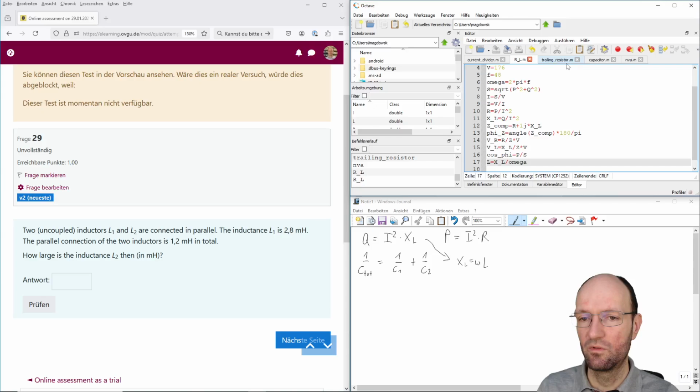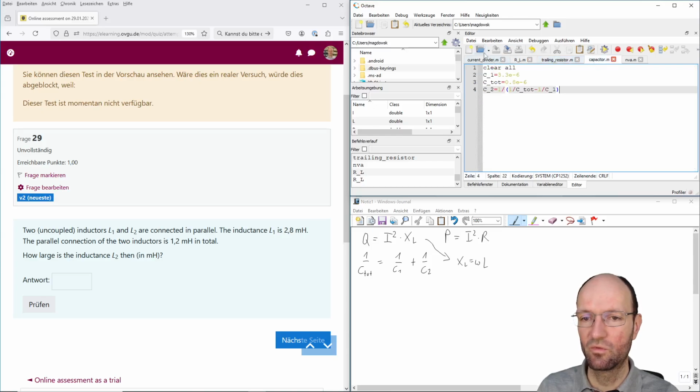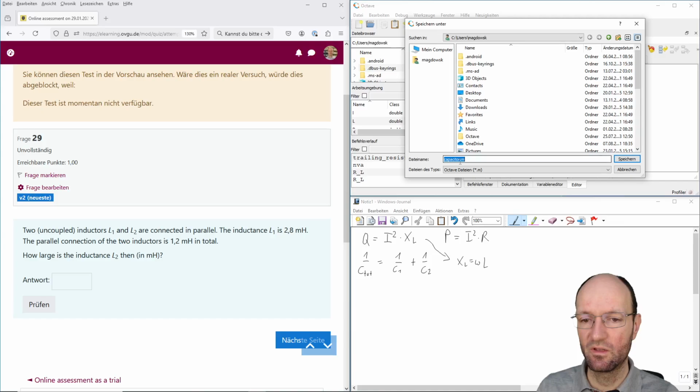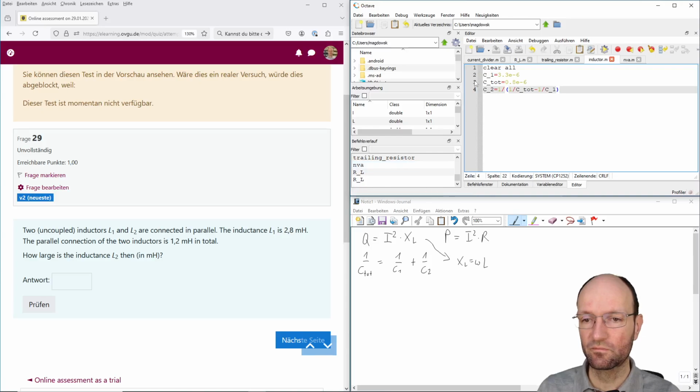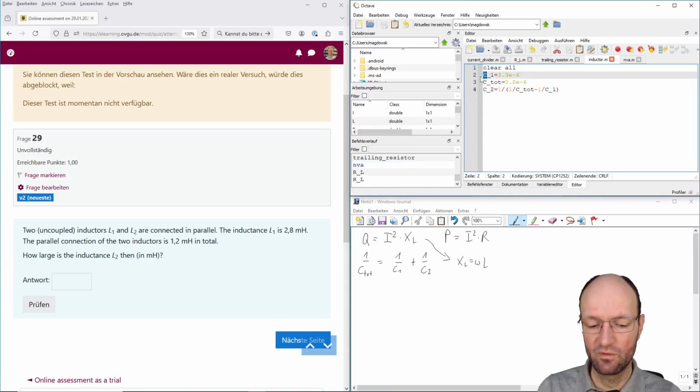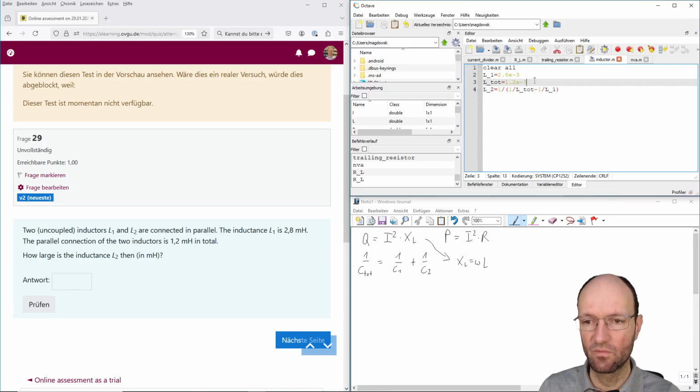So I will just use this script and save it as inductor and change all the C's into L's. Except for this, it should be the very same equation. And I just need to change the values. So the second one is 2.8 milli and the total one is 1.2 millihenry.